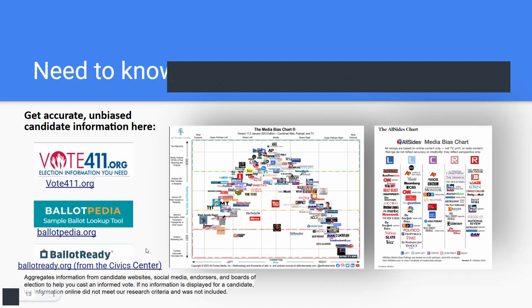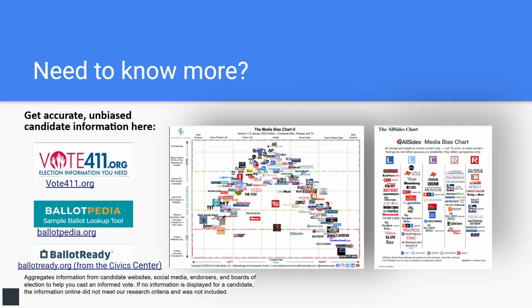Ballot Ready is newer, but it too is a good resource for candidates at all levels. And what Ballot Ready does is aggregate information. So it looks at the candidate's website, it looks at their social media accounts, it looks at who's endorsed them, who's given them money.